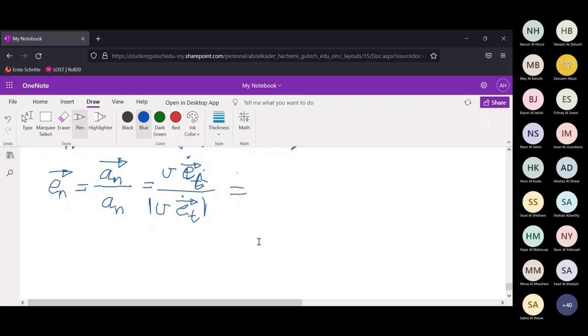Then we can simplify it, and we get directly e dot t divided by its magnitude, e dot t.